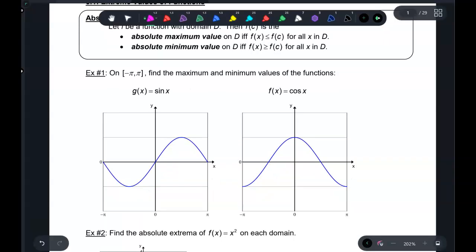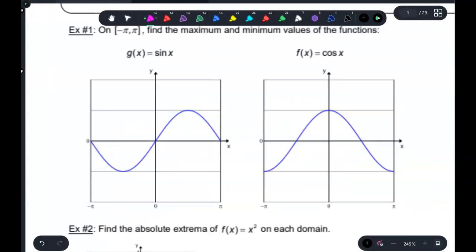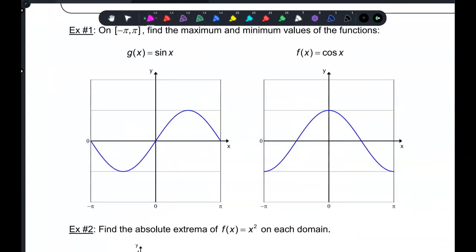So where is the absolute maximum of the sine? Okay, yes, perfect. Okay, so when I have maximums, I would like you to write f of pi over 2 equals 1. The reason being, this is the maximum value, and this is where it occurs.